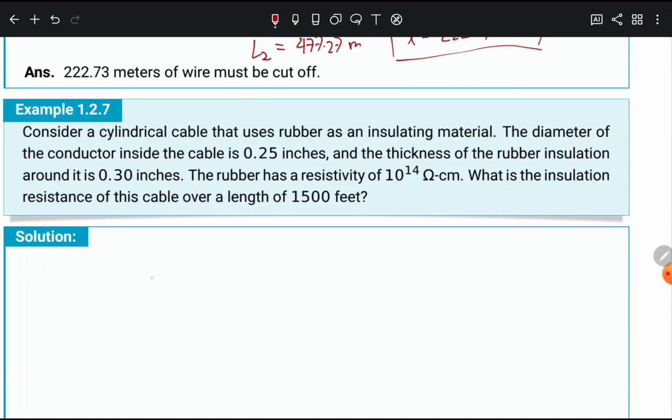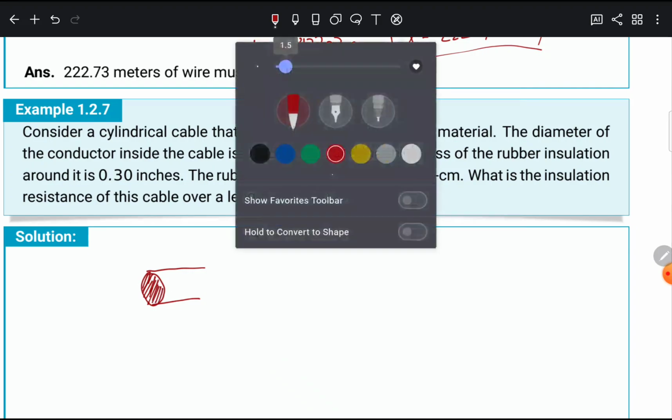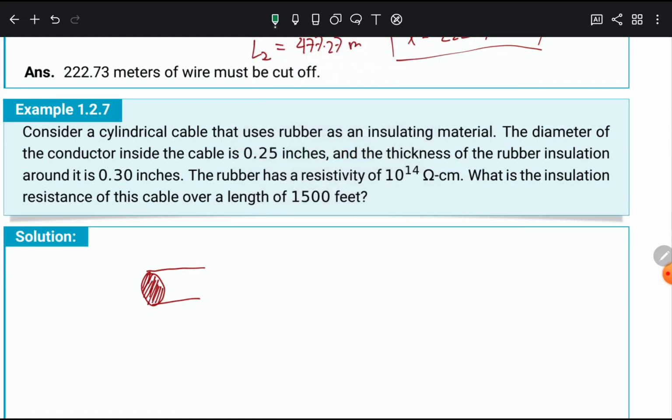When we say insulation resistance, this is the cable. Inside the cable, this is the conductor. This is the copper wire or anything that is a conductor. And this conductor actually has insulation. So when we say insulation, it's the material that protects this conductor.